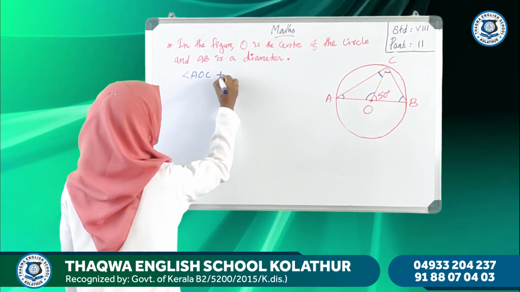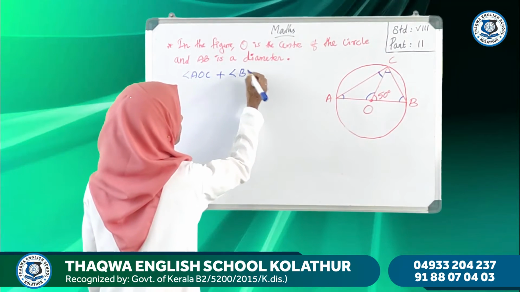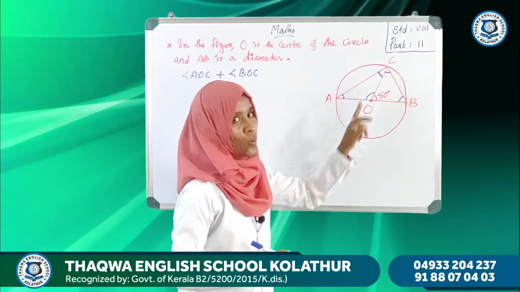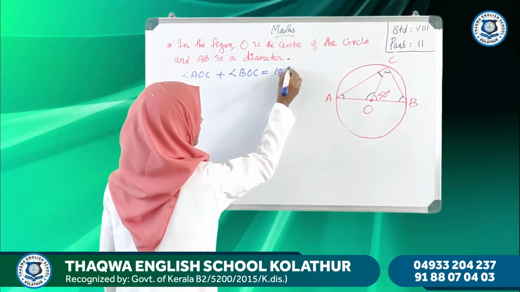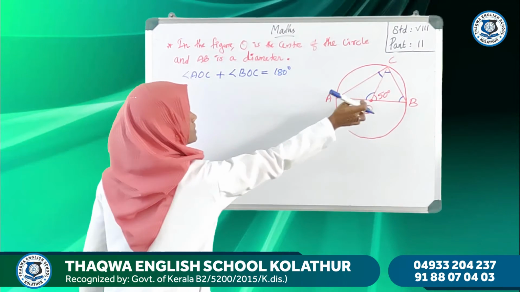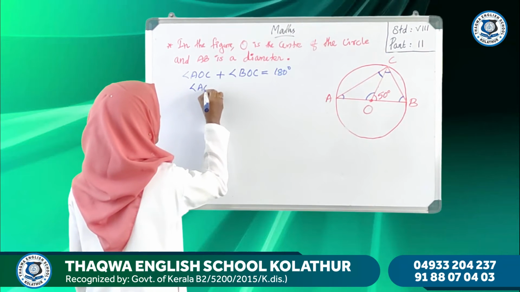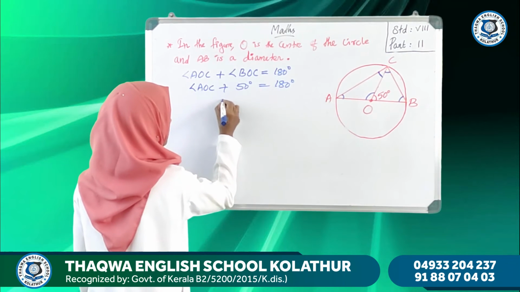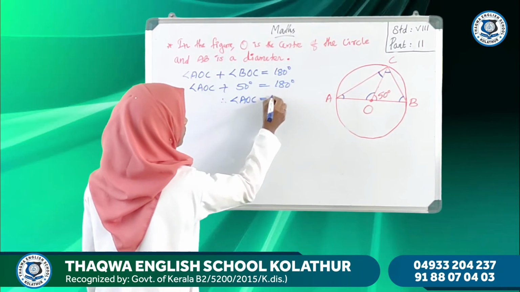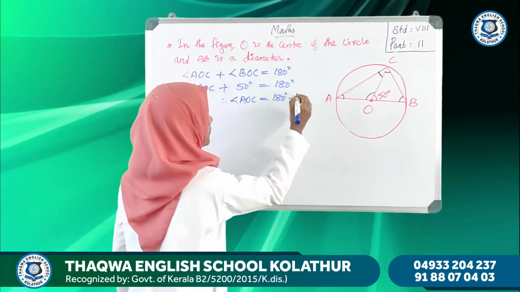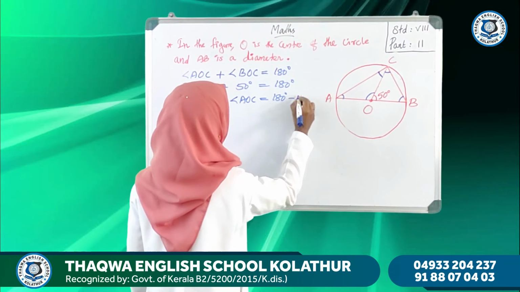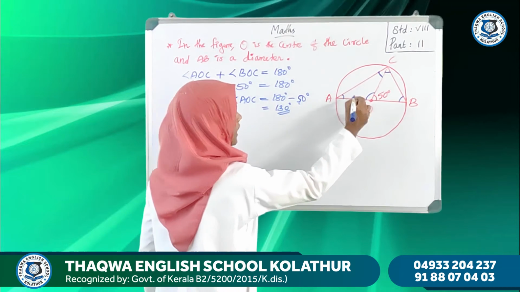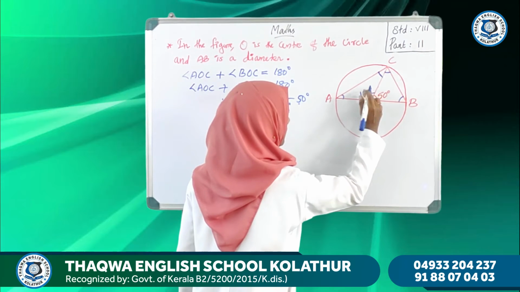Angle AOC plus angle BOC equals 180. Angle BOC is 50 degrees, so angle AOC plus 50 equals 180. Therefore, angle AOC equals 180 minus 50, that is 130. Then angle AOC is 130.